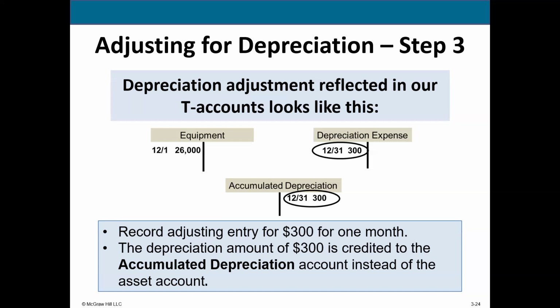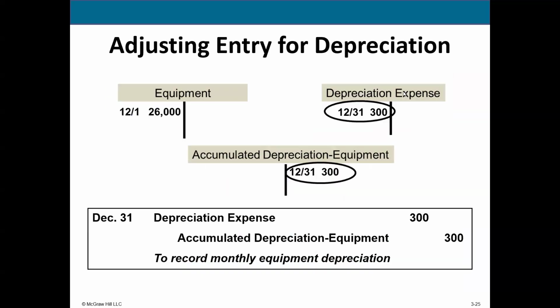So in other words, you're always going to have a balance of equipment of 26,000. Then you're going to have accumulated depreciation for equipment, and that's going to continue to show a negative balance every single month for the next 5 years. So I'm going to debit depreciation expense and credit accumulated depreciation at the end of every single month for a total of 5 years.